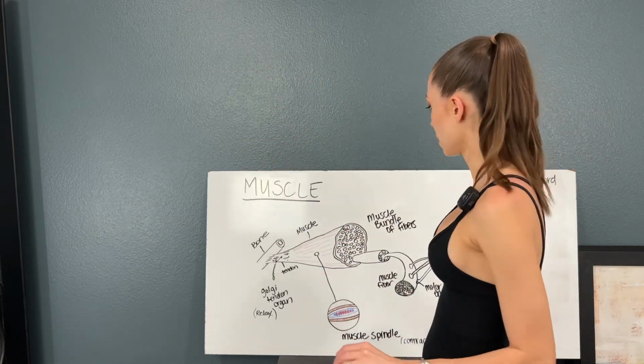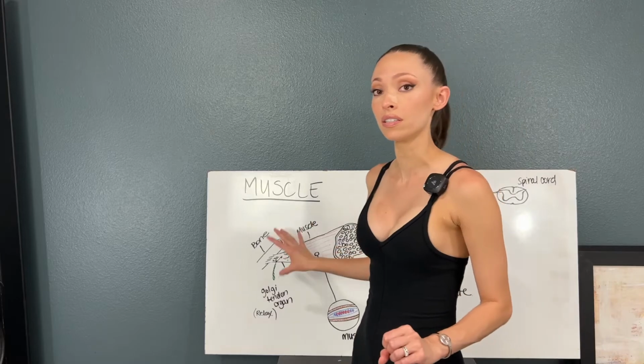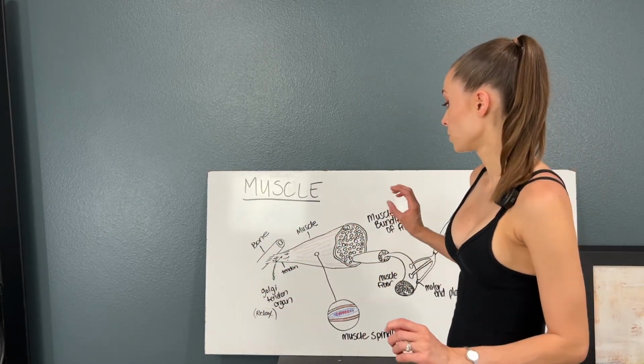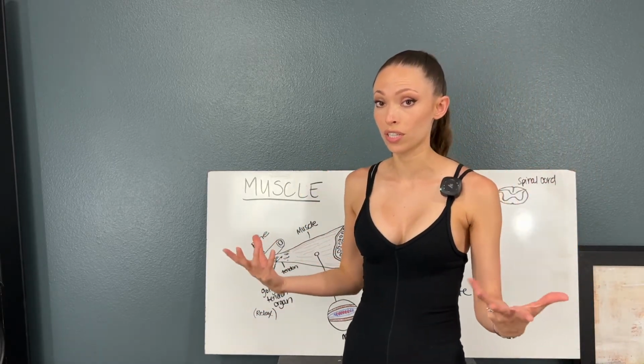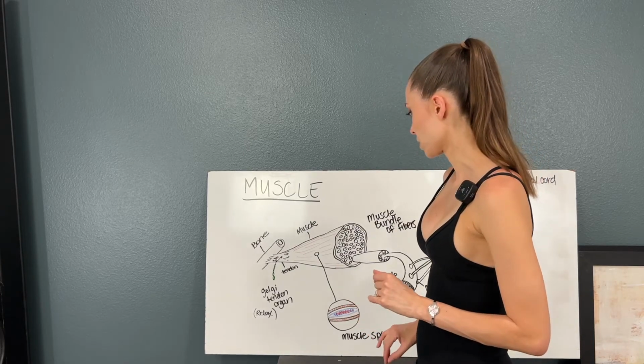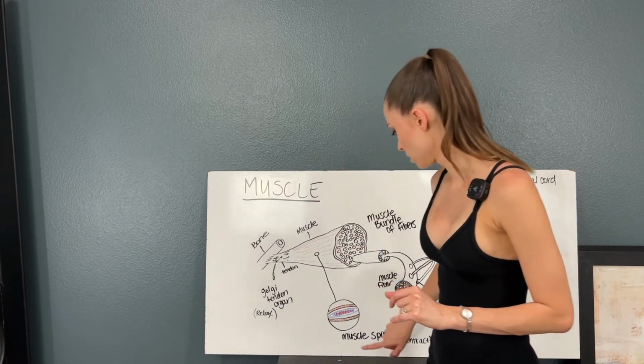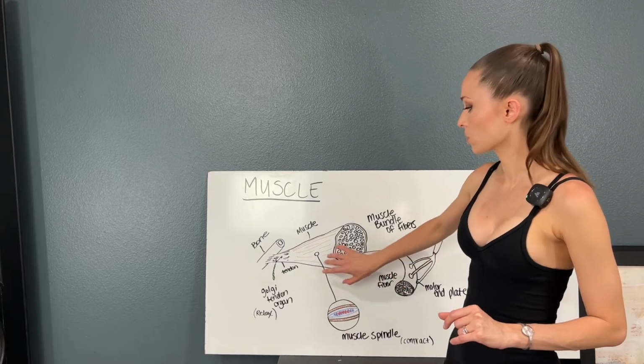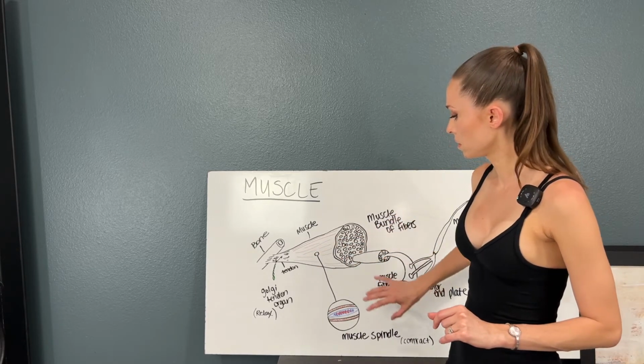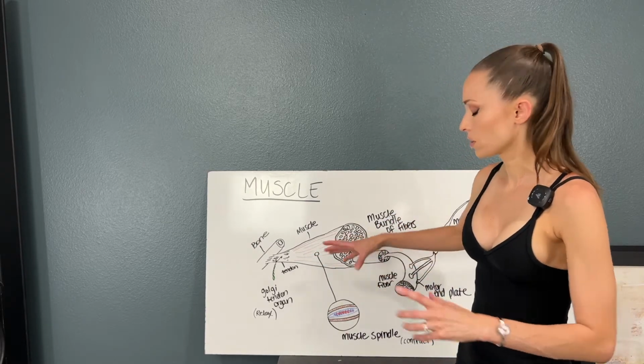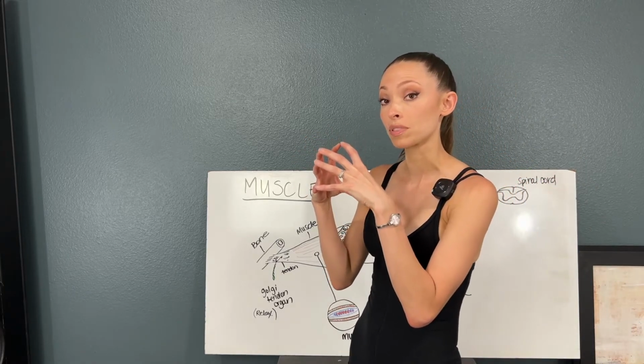But the main thing that I want you to see here, especially with yoga, when you want to stretch and get more flexible, is the muscle spindles, which are inside of the connective tissue. Connective tissue wraps around the muscle fibers.